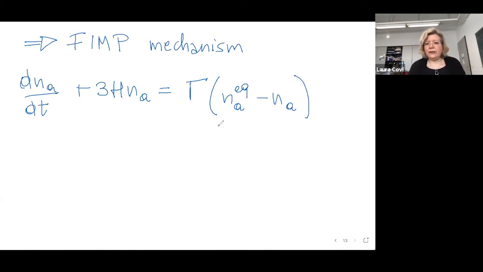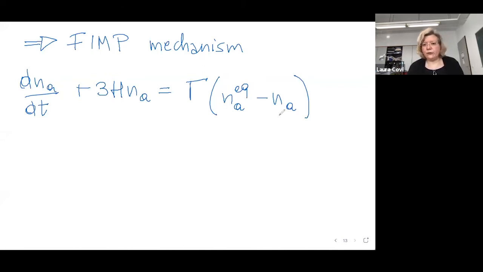You see immediately you have the same structure as we had before, and in principle you can derive it exactly in the same way we did it for the WIMP, only that you have to take into account that you have processes with a single final axion. And this N equilibrium is actually nothing else than connected to the fact that the initial state is exactly in equilibrium. So this type of distribution is connected to the initial distribution, which is thermal.